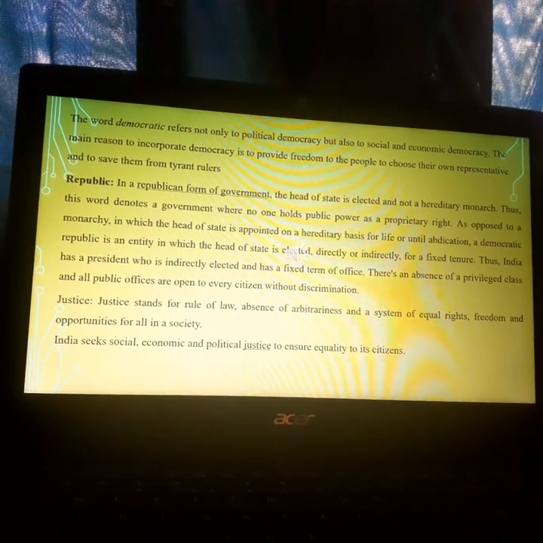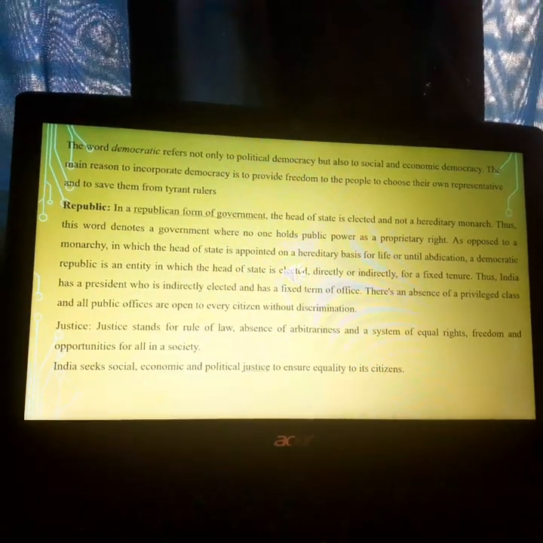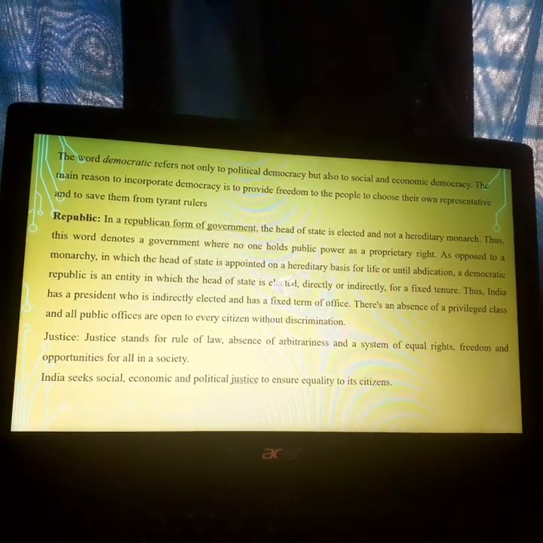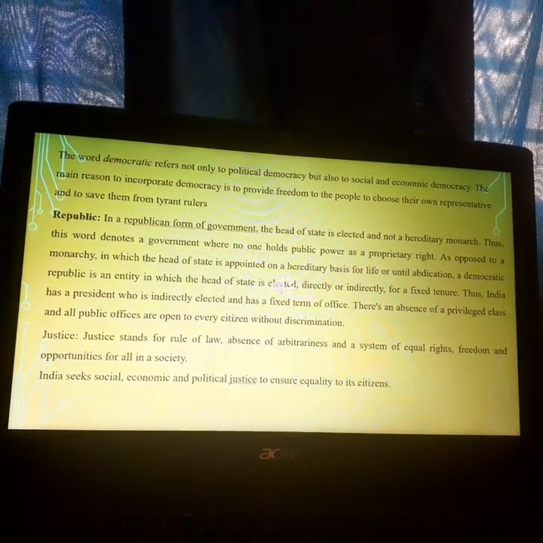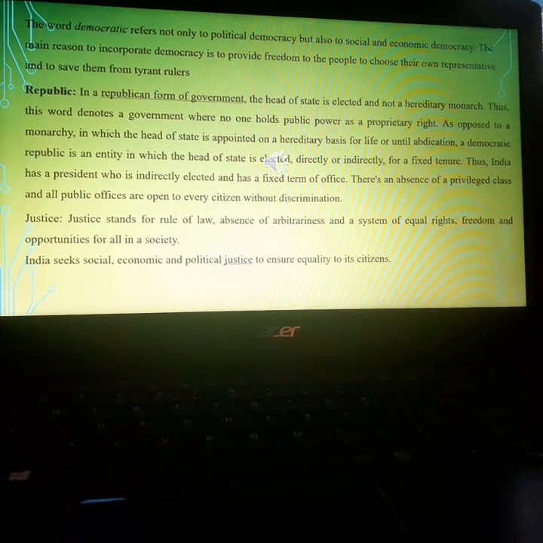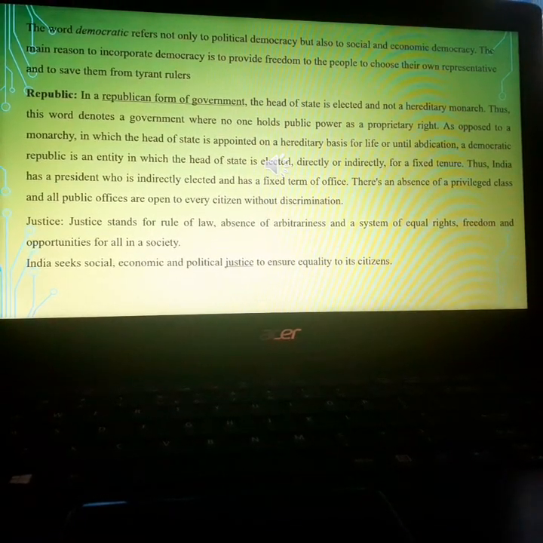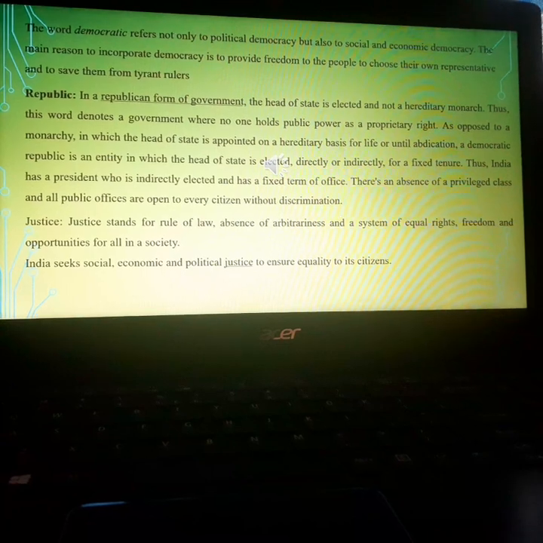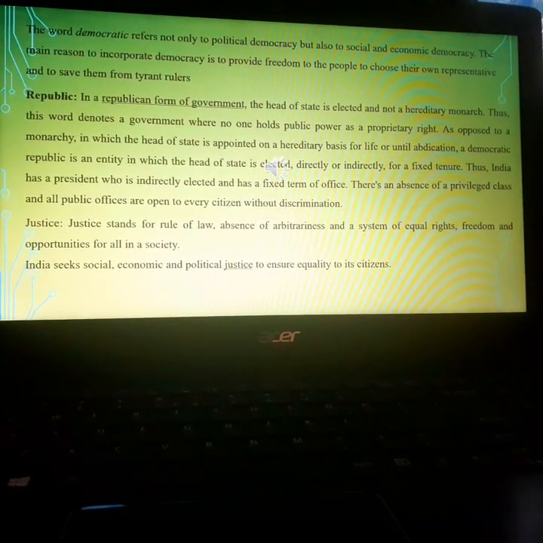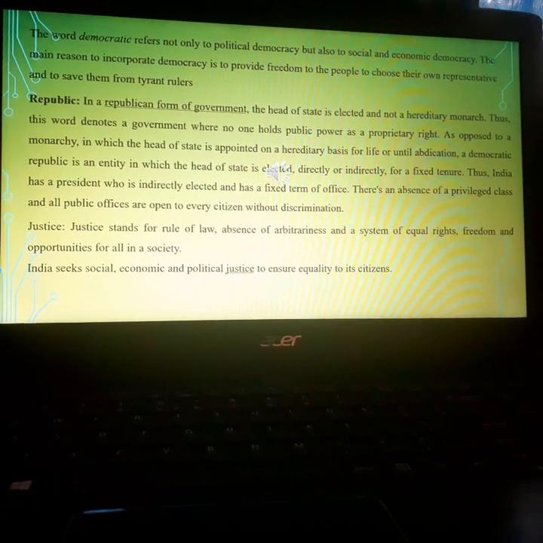rulers. Republic. In a republican form of government, the head of the state is elected and not a hereditary monarch. Thus, this word denotes a government where no one holds public power as a priority right, as opposed to a monarchy, in which the head of a state is appointed on a hereditary basis for life or until abdication.